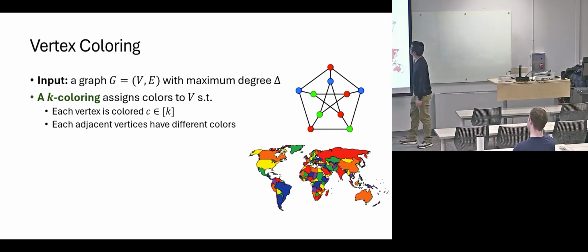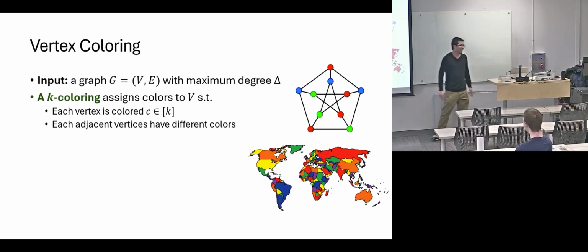You can use vertex coloring to color a map so that no adjacent countries have the same color, except that actually it's not true here. Okay, anyway.